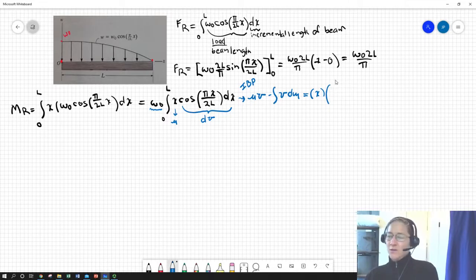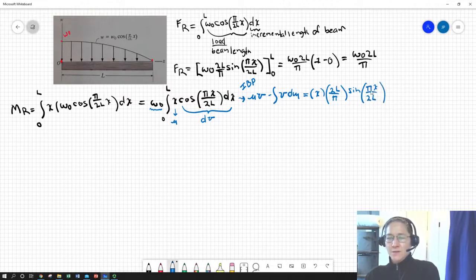So that would end up being, what is the integral of cosine? Again, we saw that up here. It's going to be sine, but we have to deal with our constant, so we end up with a 2L over pi sine of pi x over 2L.